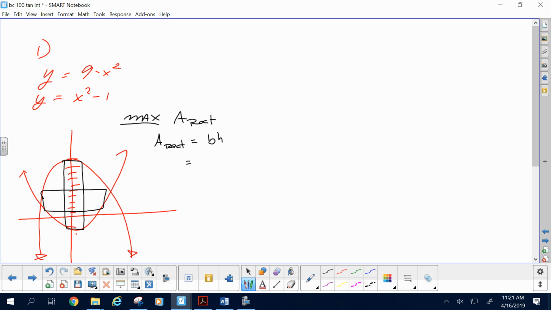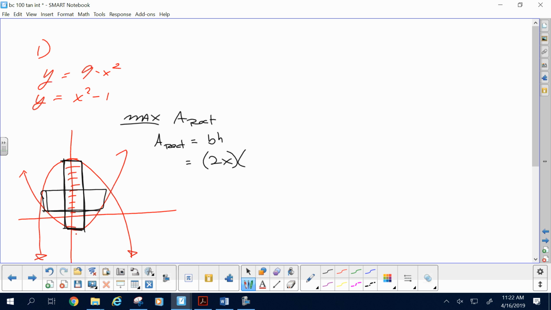What's the base here of all those rectangles? The base is always changing. It could be thin, it could be fat, so it's varying. It's always x or 2x. You could actually do this problem either way and get it right, but it is technically 2x. What's the height? The upper is always a point on the upper parabola, the lower a point on the lower parabola.